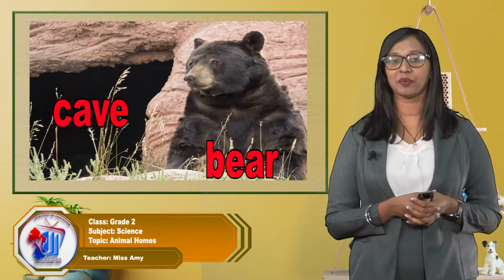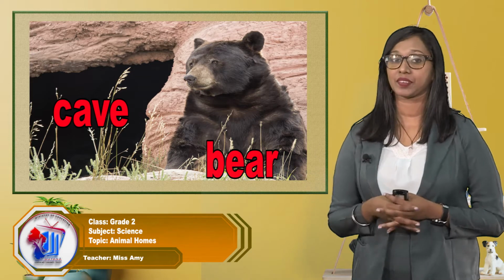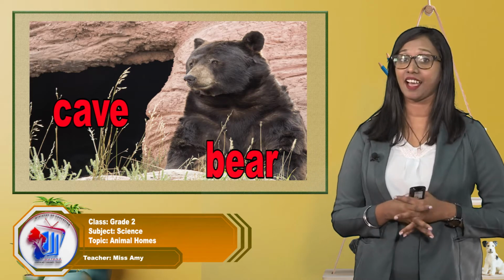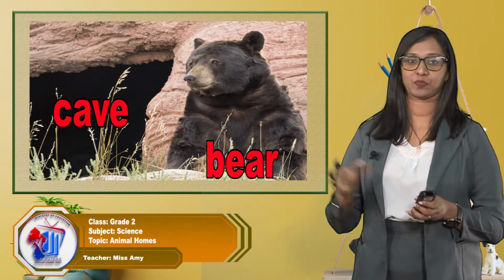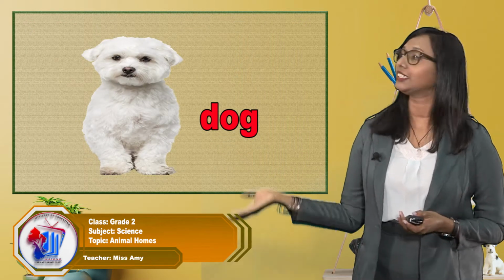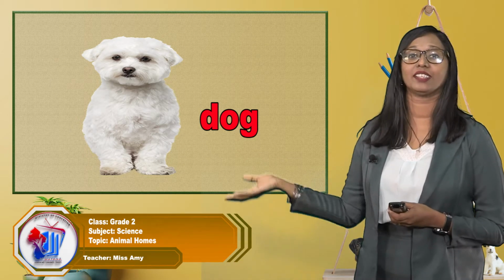So we start with a bear. A bear lives in a cave. We have a dog. Many of us have dogs at home, isn't that so? The home for a dog is called a kennel.